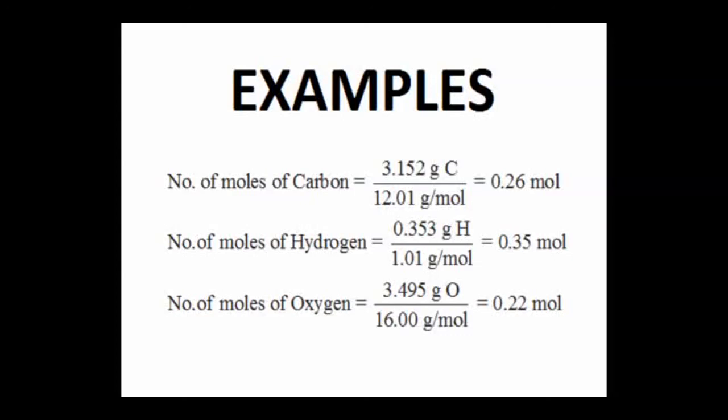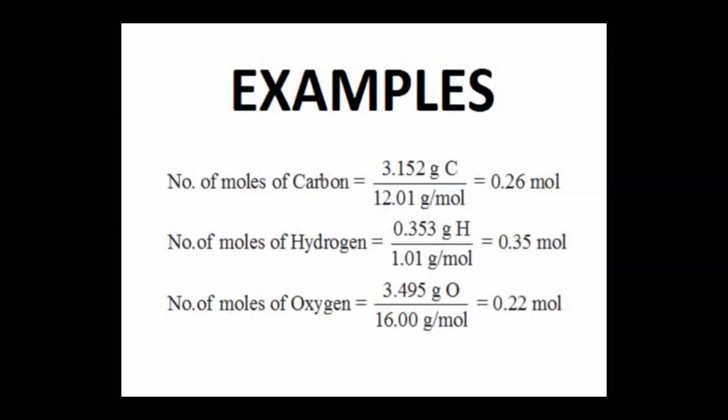You know that the molar mass of carbon is 12.01 grams per mole. You put these values in the formula and you get number of moles of carbon equals 3.152 grams of carbon divided by 12.01. So you will get the answer 0.26 moles. So we can say that 3.152 grams of carbon contain 0.26 moles of, definitely, carbon.